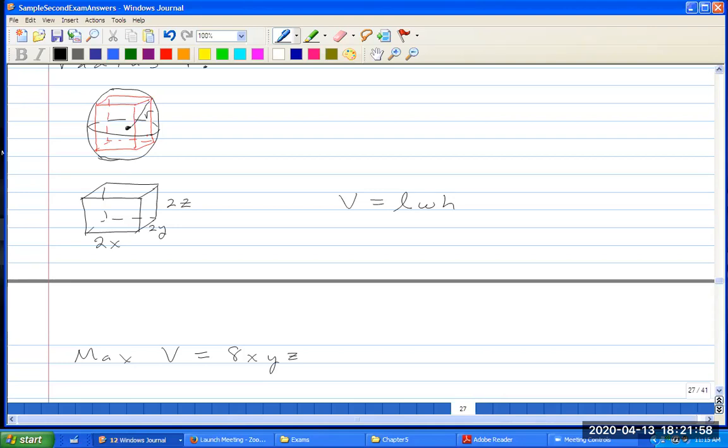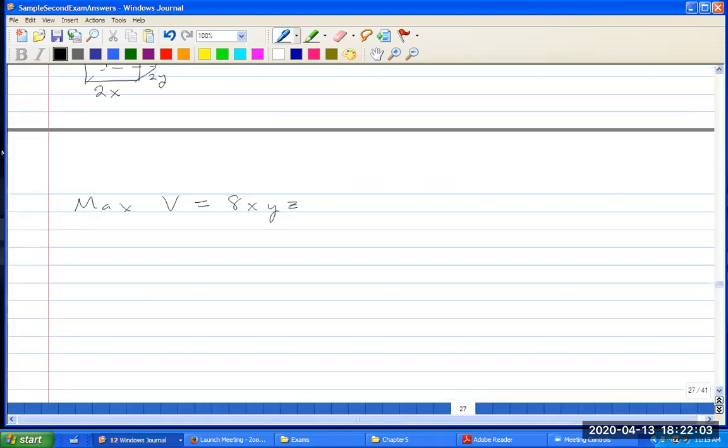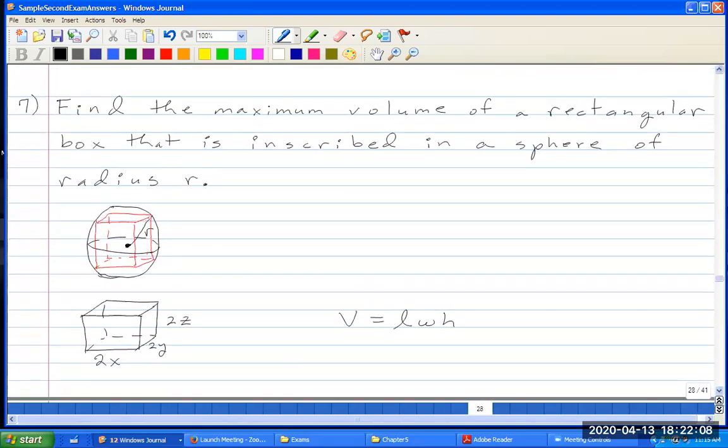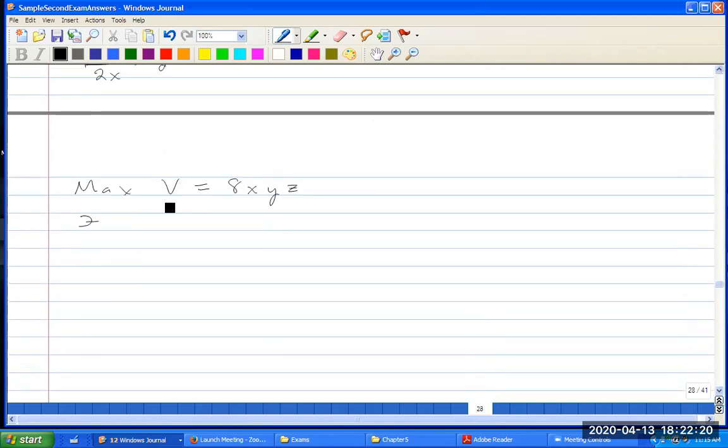And the equation of a sphere is such that, if you're at any point, then the length in x plus the length in y plus the length in z squared, the sum of those squares should equal the square of the radius. So in this case, the way I've set this up, x squared plus y squared plus z squared equals r squared.